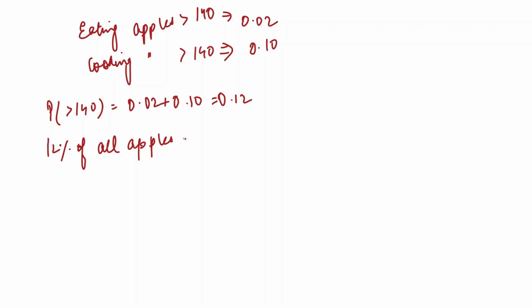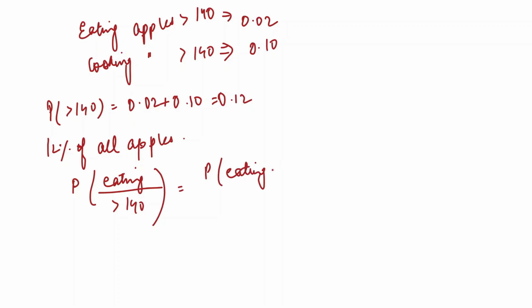Now, the last step is to find the required probability. So we'll use the conditional probability. The probability of eating apples, given that it is greater than 140 grams, is equal to the probability of eating apples and greater than 140 over the probability of greater than 140 grams.